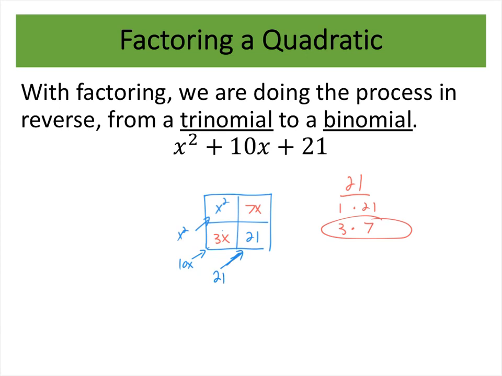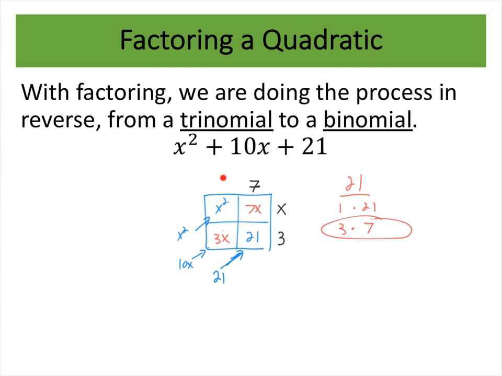And now we're going to factor out common factors among rows and columns. So in this row, x squared and 7x, the common factor is x, because that's the only thing that those two things have in common. Well, to get 7x, this up here had to be 7, because 7 times x is 7x, which makes the bottom part have to be 3, because 3 times 7 has to be 21.